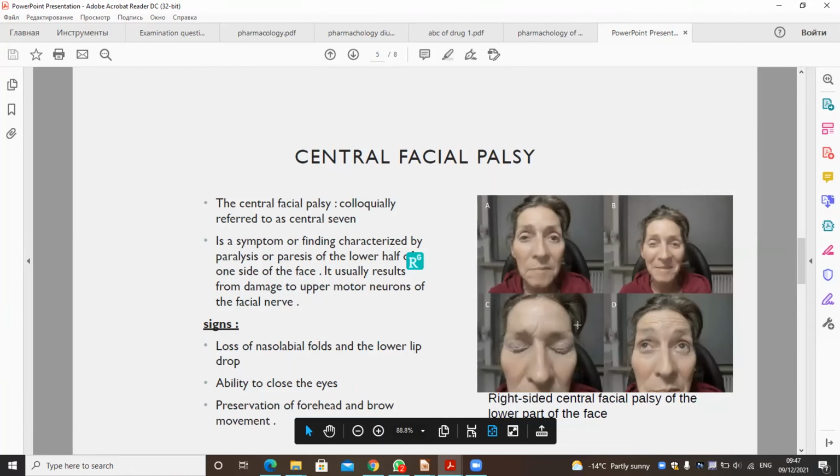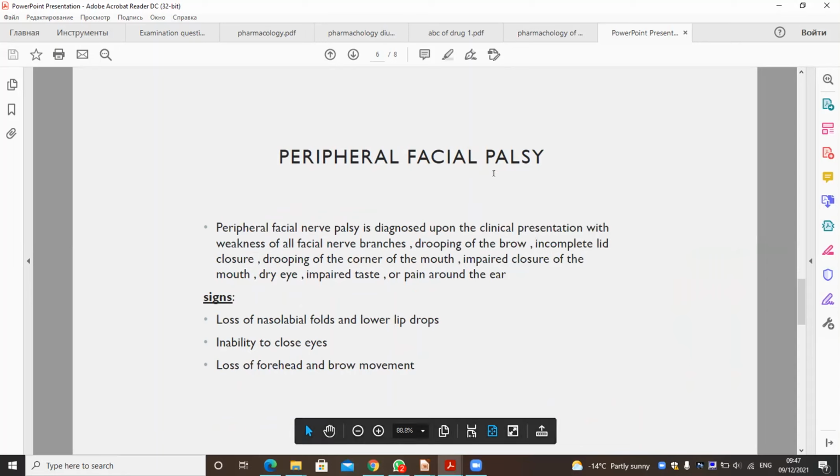But peripheral facial paralysis is diagnosed upon the clinical presentation with weakness of the facial nerve branches, dropping of the brow, incomplete lid closure, dropping of the corner of the mouth, and also impaired closure of the mouth, dry eye, impaired taste, or pain around the ear.